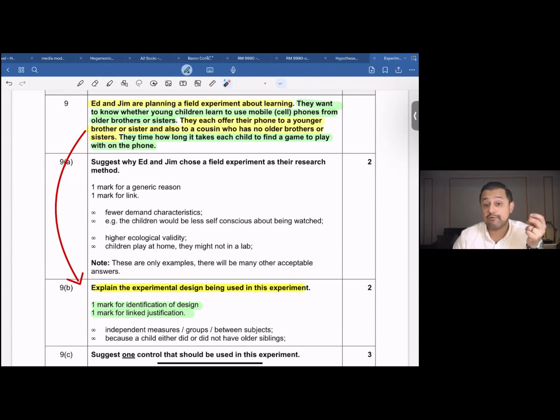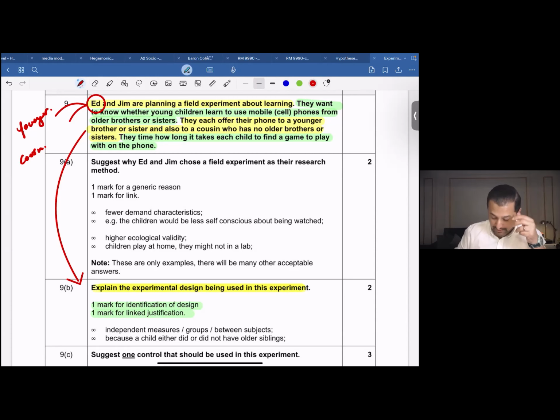Ed and Jim offer their phone to a younger sibling and also to a cousin who has no older brother or sister. They time how long it takes each child to find a game to play with on the phone.